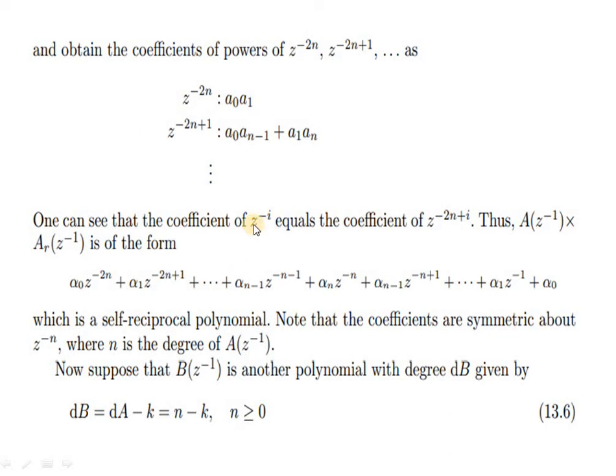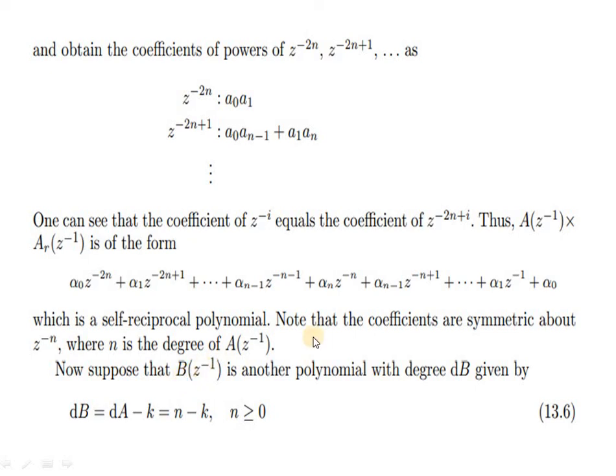That is, the coefficient of z raised to minus i is equal to the coefficient of z raised to minus 2n plus i. From this we conclude that the same coefficient appears on both sides, meaning the polynomial is symmetric about some reference, that is, the reference is taken at z raised to minus n.